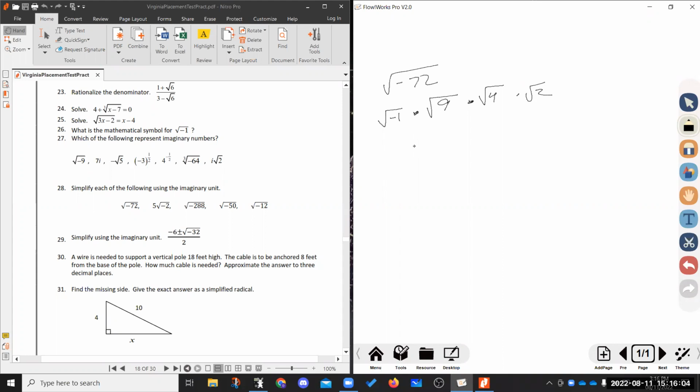So this is going to be 3 times 2 is 6, i root 2. Now 5 root -2 is going to be 5 times root -1 times root 2. It's going to be 5i root 2.